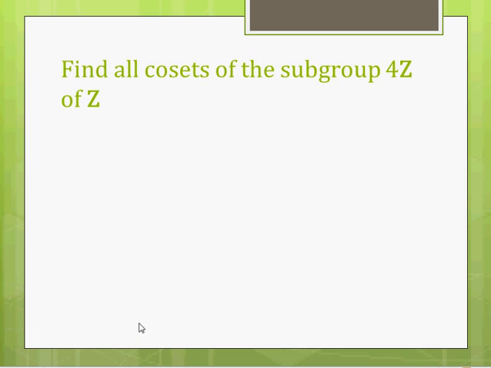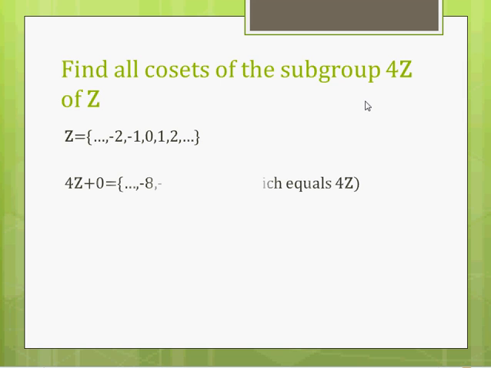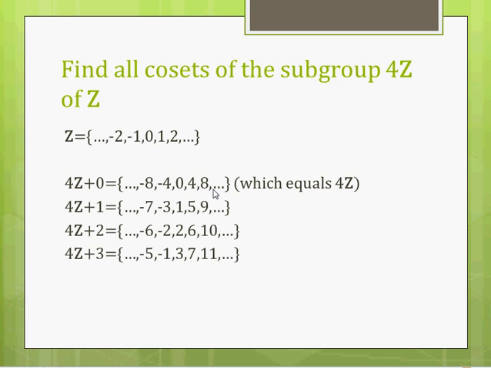One of the problems we have here: find all the cosets of the subgroup 4Z of Z. I think we've done something similar to this in the past. 4Z is the multiples of 4: the integers Z, all multiplied by 4. Here are the integers, and if we add 0 to each of those, we get this. If we add 1, we get this, then 2, and 3.